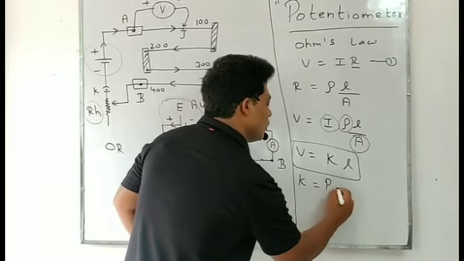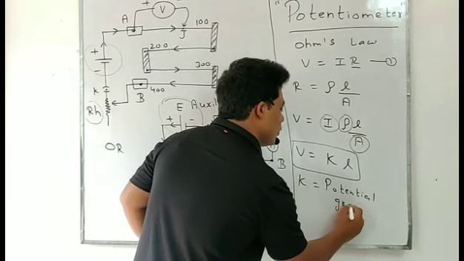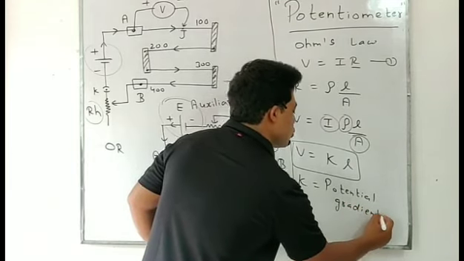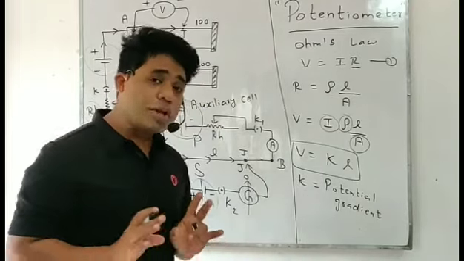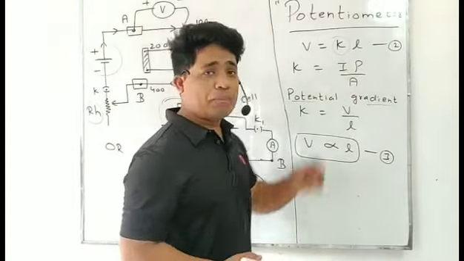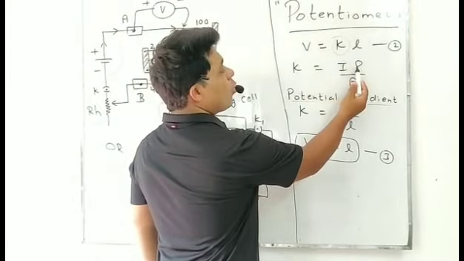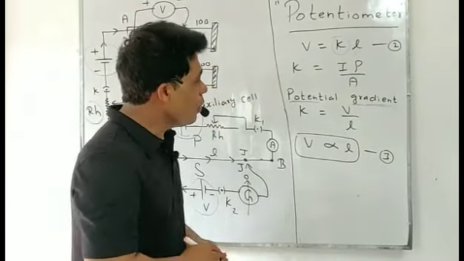K is called the potential gradient. It is constant. Now, what is potential gradient? I'm going to explain. So V equals KL, where K equals I rho by A. It is called potential gradient.